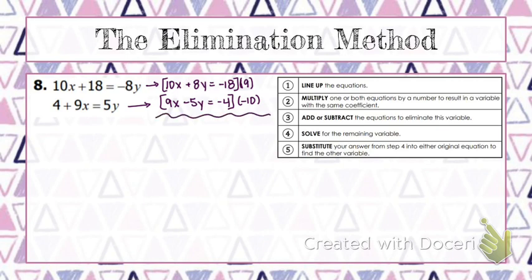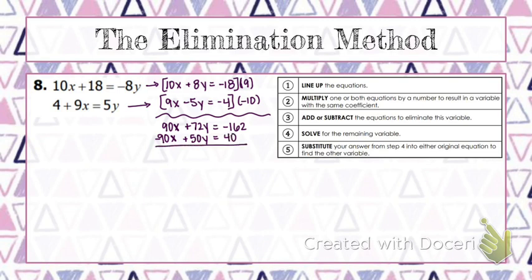So, squiggly line because we are not adding them together yet. We distribute that 9 on top and we get 90x plus 72y equals -162. Then on the bottom, we're going to distribute that -10 to get -90x plus 50y equals +40.